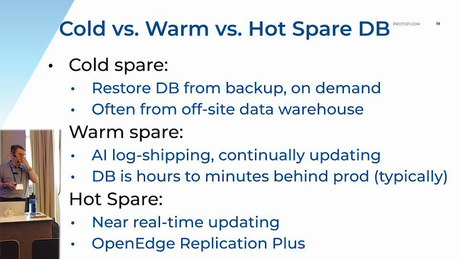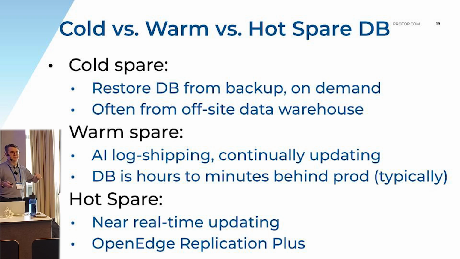And what this involves is having a database on your DR system, and then you're doing what we call log shipping, AI log shipping. So what that means is you're taking your archived AI extents as they're being archived, not as a once-a-day batch process, but as they're being archived, written to your local archive on prod.